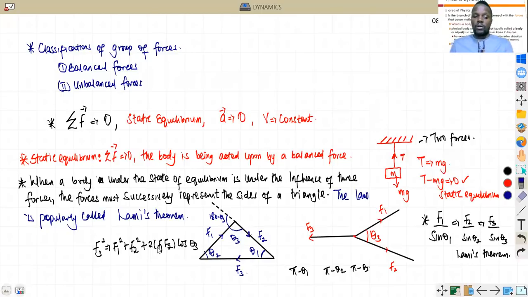So let's move on according to what we have here. Now, this is where we stopped about the classification of forces. Now, when you say unbalanced forces, I don't want to open another slide so that we don't write too much note. What we are saying is that the total sum of forces acting on the body is non-zero. That is, they don't balance each other.